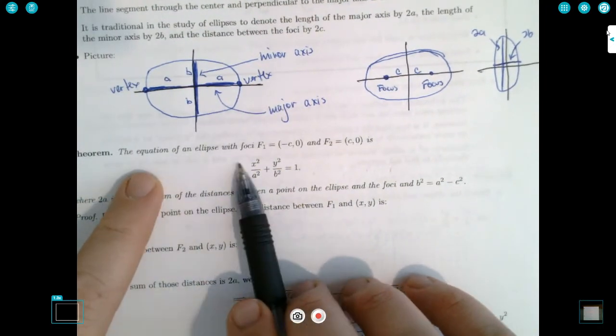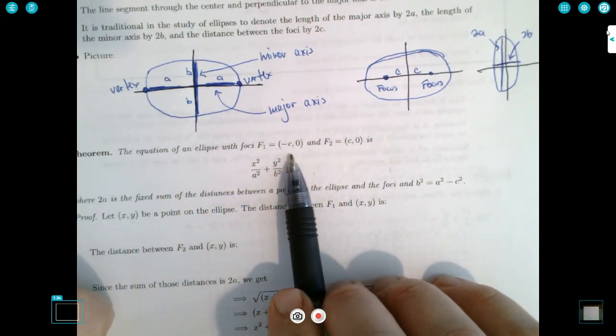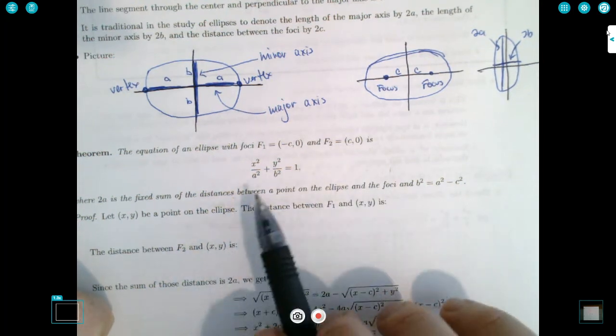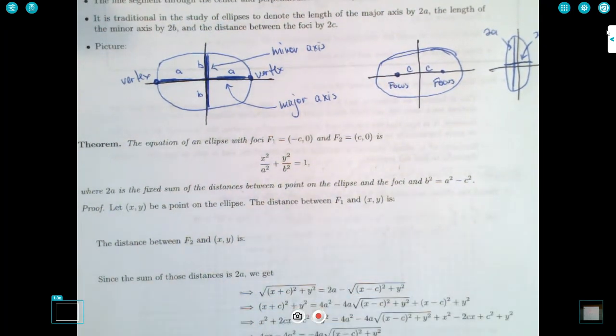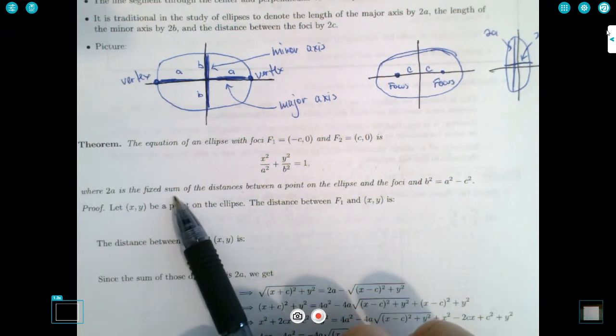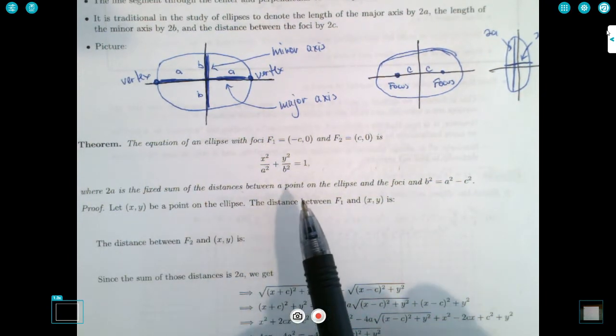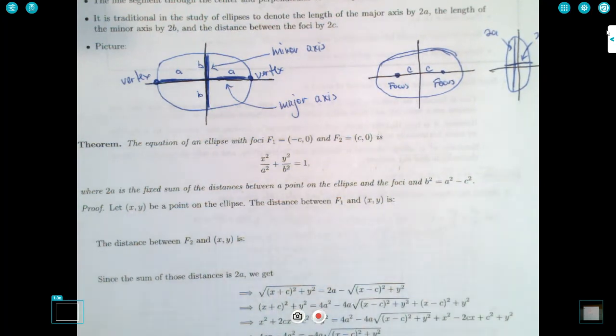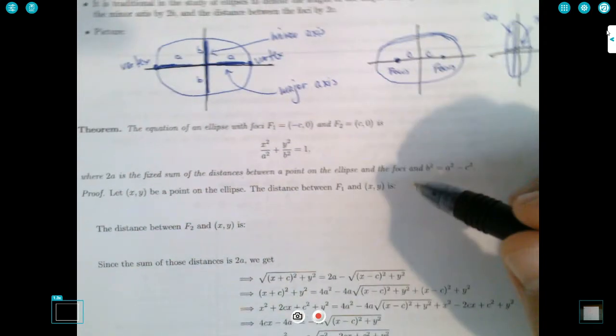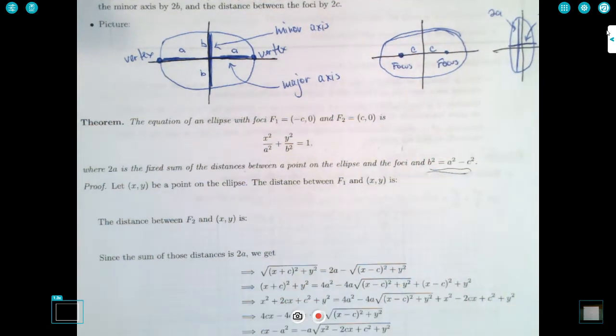So the equation of an ellipse with foci negative C,0 and C,0 is x squared over a squared plus y squared over b squared equals 1, where 2a is the fixed sum of the distances between a point on the ellipse and the foci, and b squared equals a squared minus c squared. That's kind of an important point for some of the things we do later on.